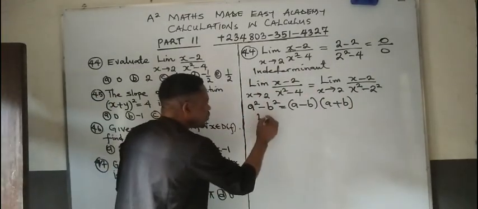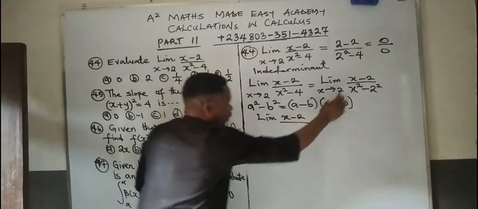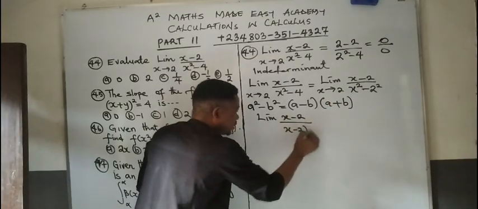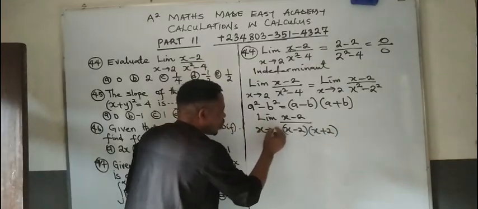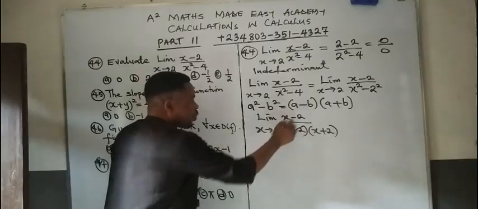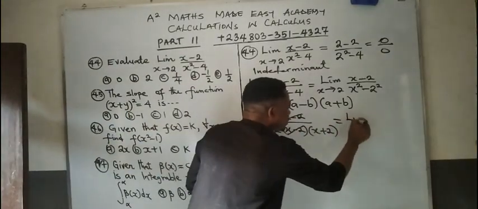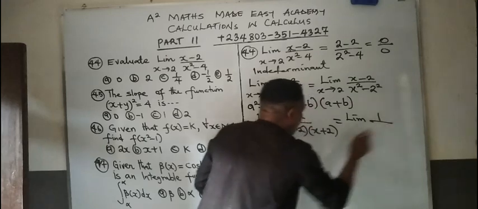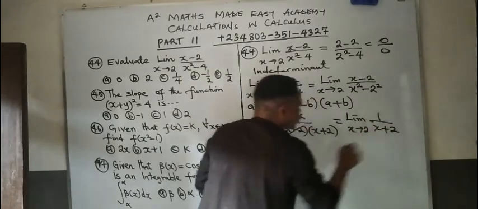So we have the limit of x minus 2 all over one negative and one positive, as x approaches 2. Can you now observe this? The x minus 2 down cancels the x minus 2 up. So what remains is the limit of 1 all over x plus 2 as x approaches 2.